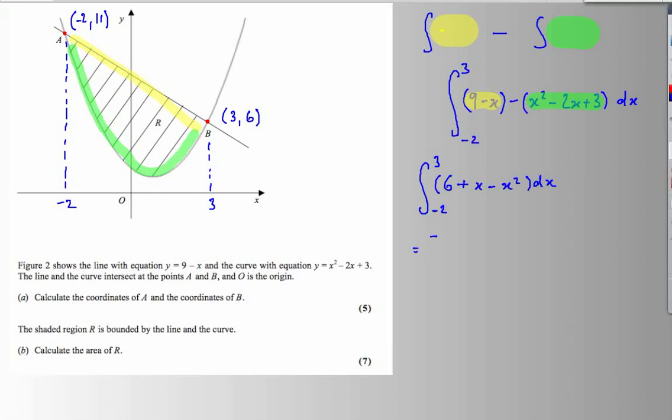And if I integrate, in square brackets, 6 goes to 6x, powers go up and divide by the new power, and then I substitute 3 in, I substitute minus 2 in, and I subtract to get the answer.